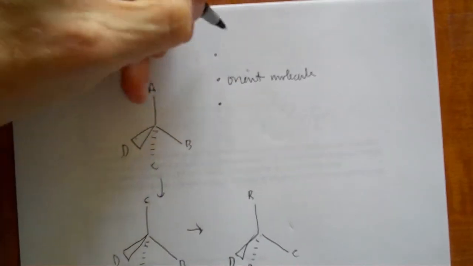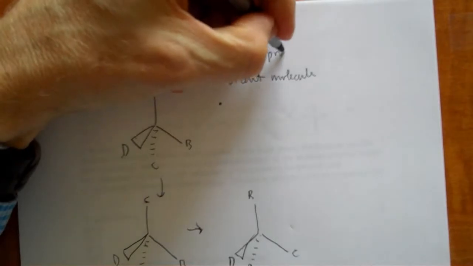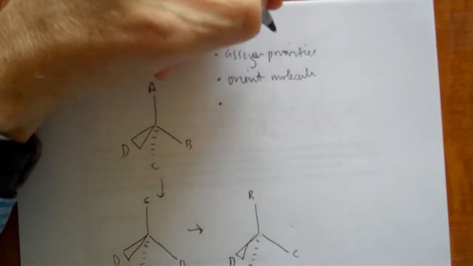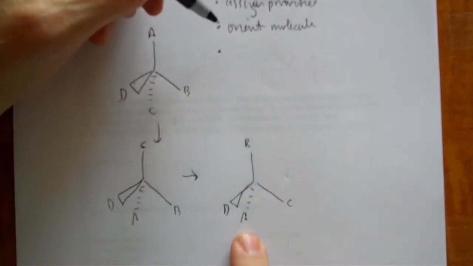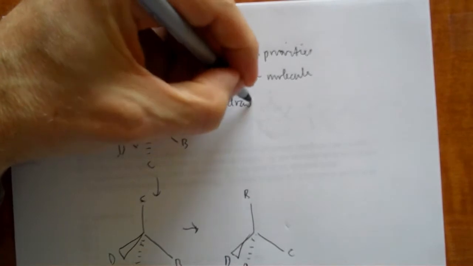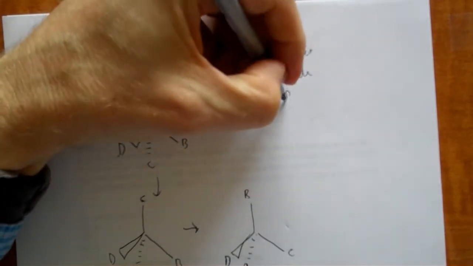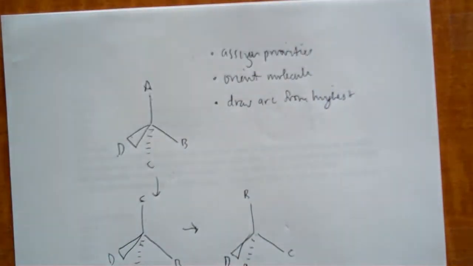Now if A is in the back, I'm sorry, number 1 is assign priorities. Okay, number 2 is orient the molecule such that the lowest priority is in the back, which I've done here. And number 3, draw an arc from highest to lowest.